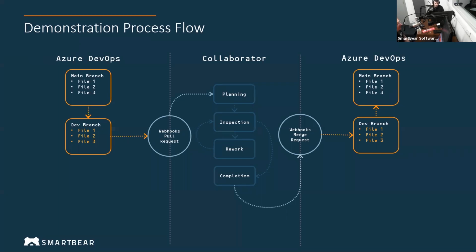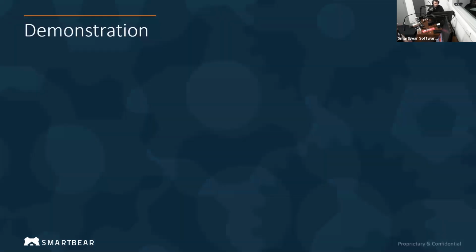So to that end, let's have a look at Collaborator. Should we run a bit of a poll? We've been talking about Azure DevOps. What we'd really love to know, and these polls really help us, is where you're at with regards to Azure DevOps and peer review.